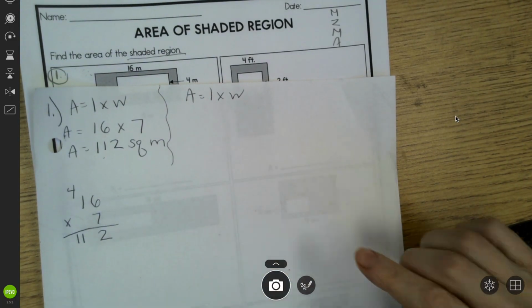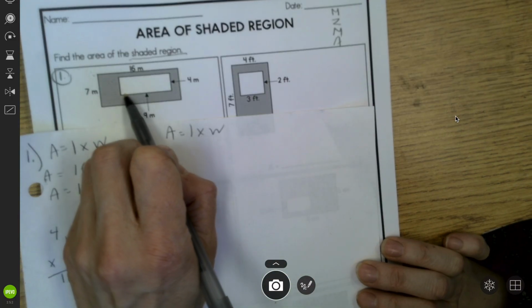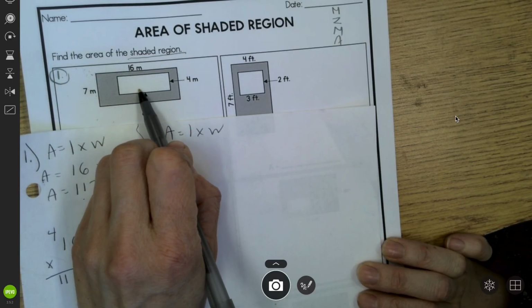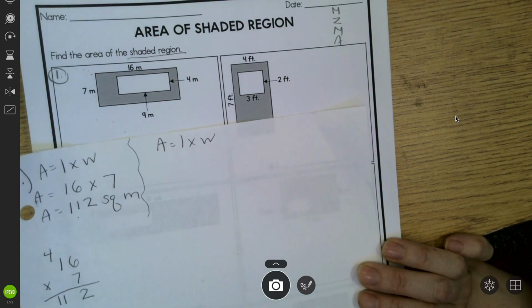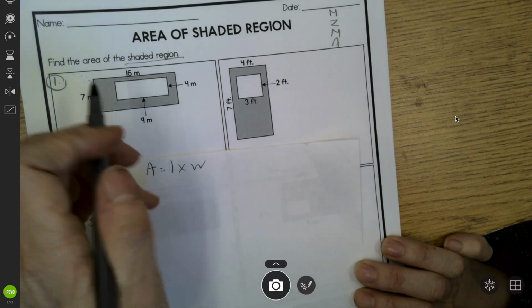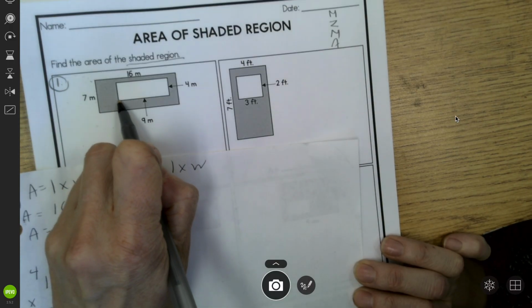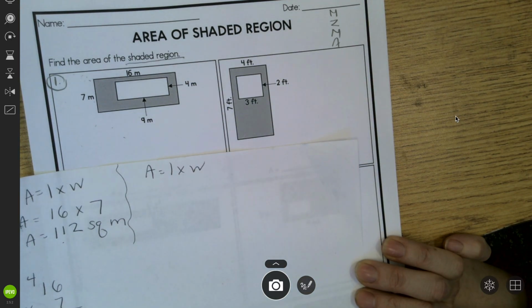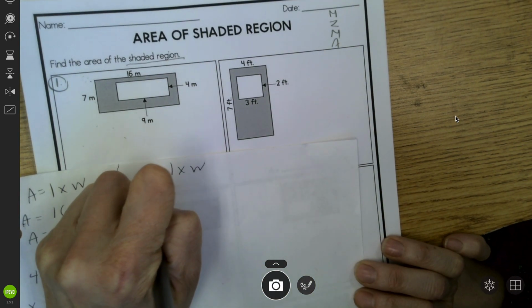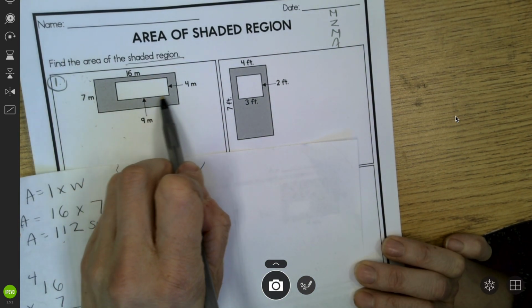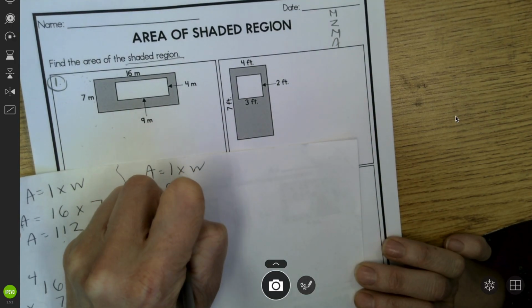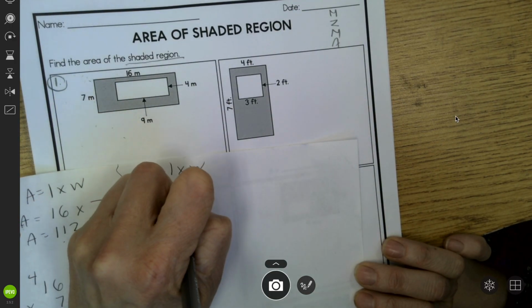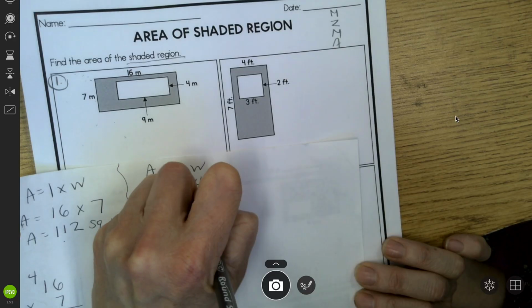All right, now I'm going to look at the smaller rectangle within the larger one, okay? Now you see these arrows? This arrow is pointing to this side, and this arrow is pointing to this side, okay? So area equals, my length is 9 times my width is 4.